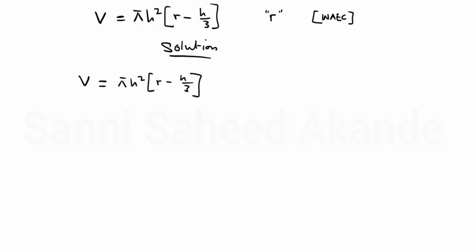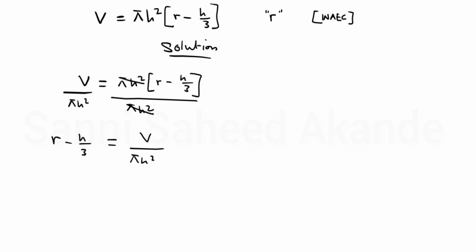So pi h squared and pi h squared will cancel, and we are left with r minus h over 3 equal to v divided by pi h squared. All right, so r now will be equal to v over pi h squared, then take this minus h over 3 to the other side, it changes to plus h over 3. Understood?